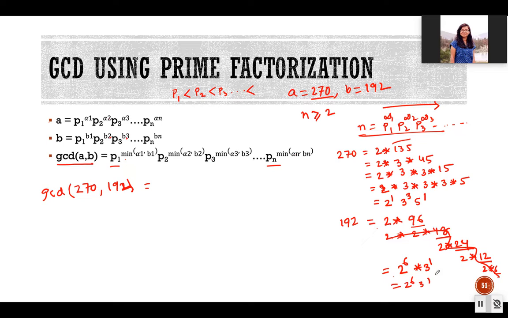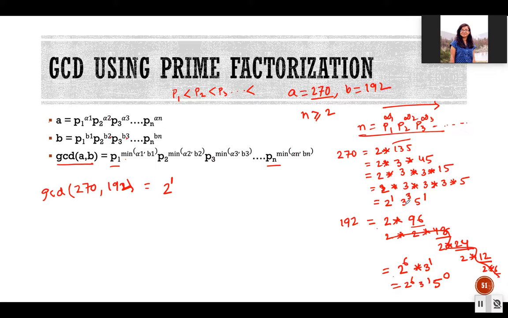Actually I can make them the same by adding 5 here, but with the power 0. So prime factor 2 has power 1 here and power 6 here. I am going to take the common prime factor 2, with the power as the minimum value, the minimum of 1 and 6. So that will be 1.